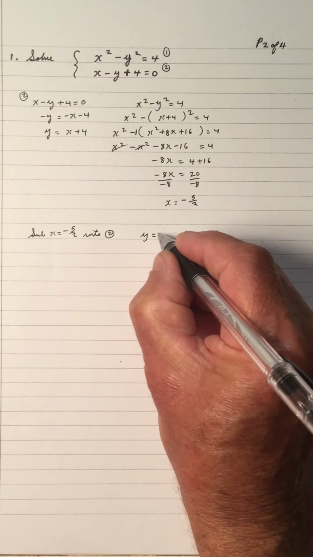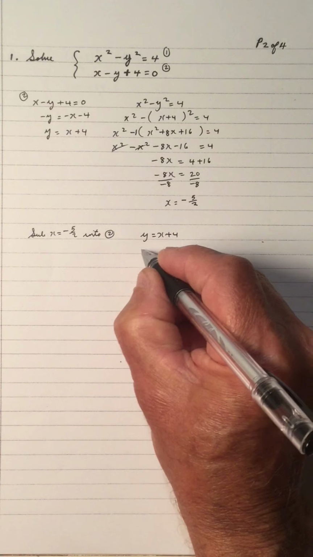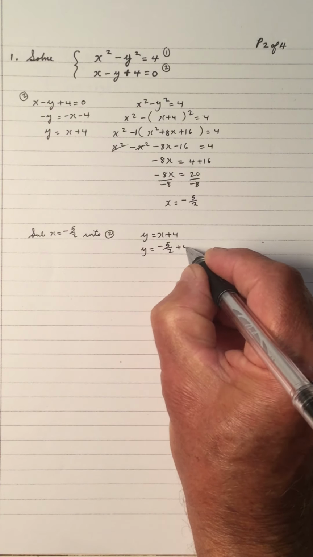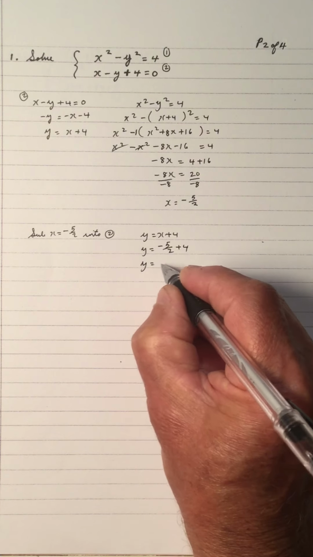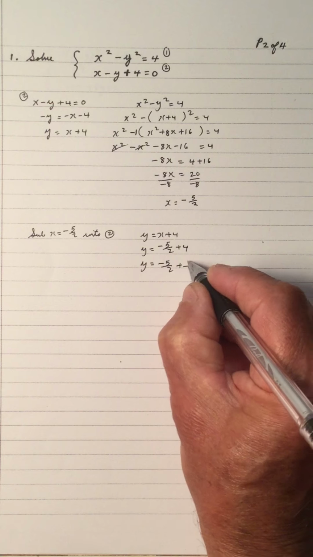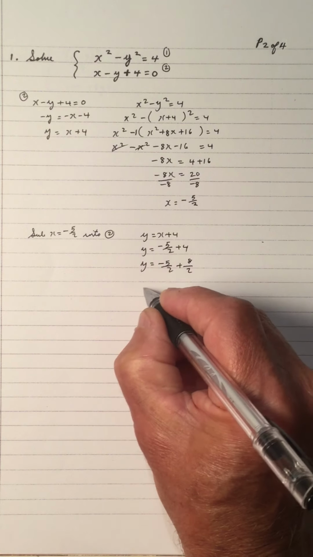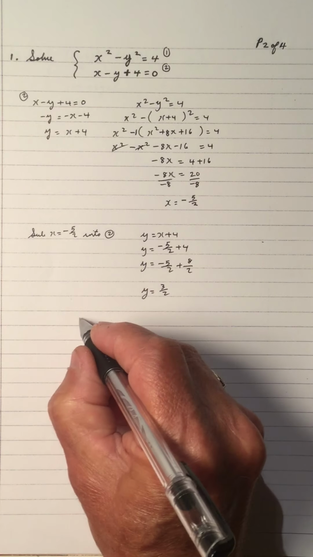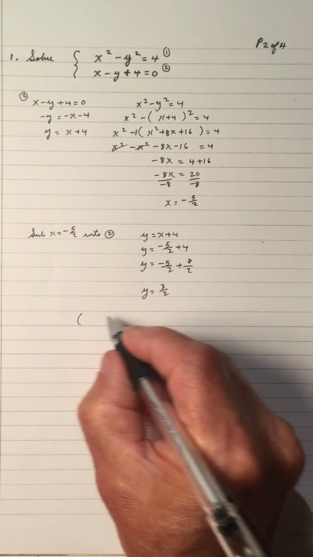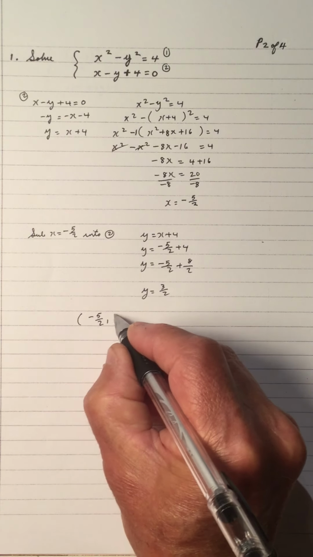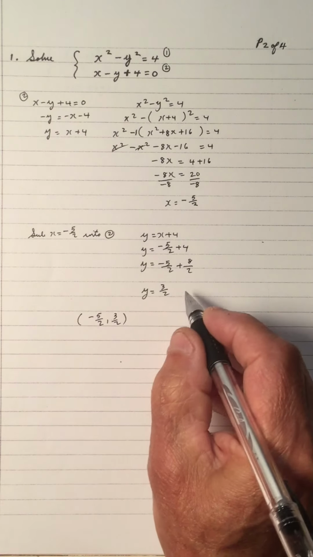So y equals x plus 4. y equals negative 5 over 2 plus 4, which is negative 5 over 2 plus 8 over 2, common denominator. So y is 3 over 2. So the intersection is x is negative 5 over 2, y is 3 over 2.